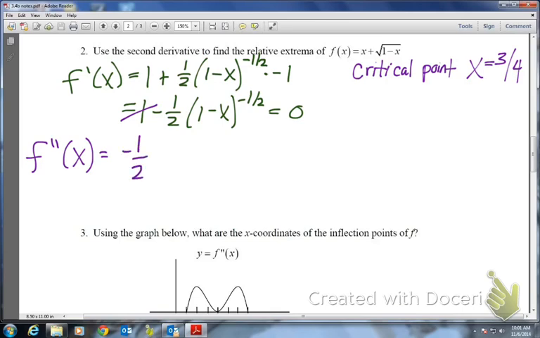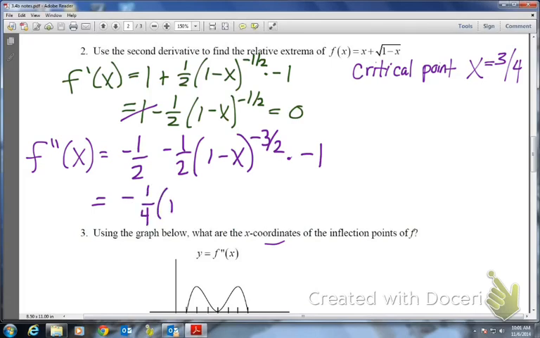The derivative of 1 minus x to the negative 1/2 is negative 1/2 times 1 minus x to the negative 3/2 times negative 1 from the chain rule. So when I simplify that, I get positive 1/4, but then that negative 1 from the back comes back again and makes it negative. So that'd be negative 1/4 times 1 minus x to the negative 3/2.